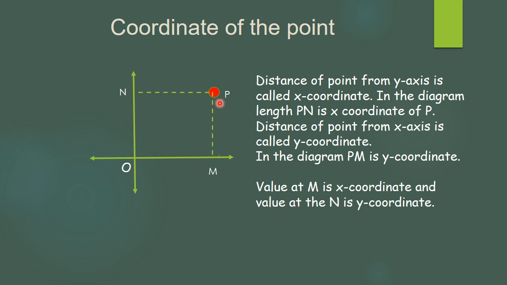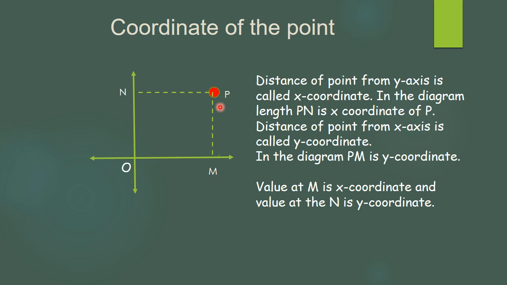For example, if the perpendicular drawn from here intersects at 3, then my x coordinate will be 3, because this distance is 3, the same as PN, and OM is the same. So it is an easy way to write this number directly as its x coordinate. The y coordinate is the distance of the point from the x-axis.